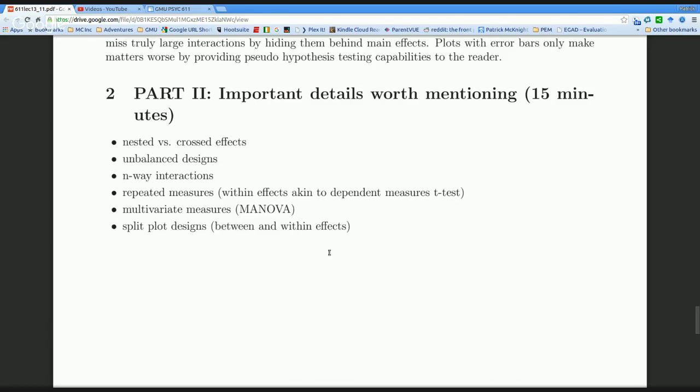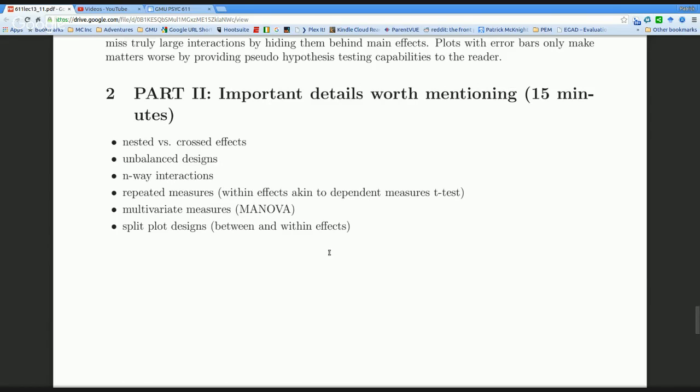As the observations increase, we know that the precision of our best guess, the mean, gets better. That's the law of large numbers. But when we have differential precision in each one of our cells, we start introducing noise in all different areas of our model. ANOVA doesn't handle unbalanced designs well. Okay? It's the same with nested and crossed effects. Nesting is a headache.